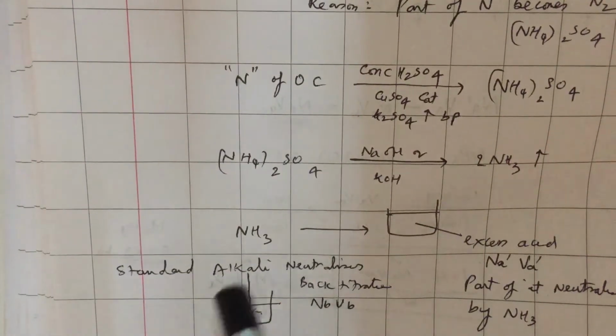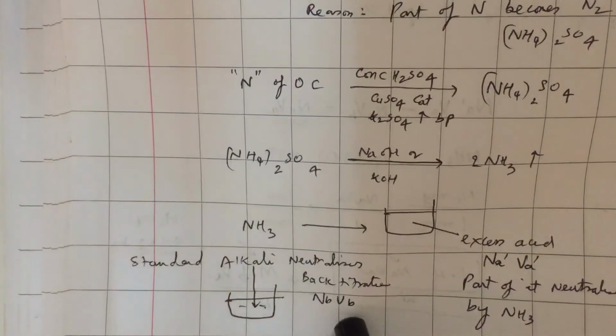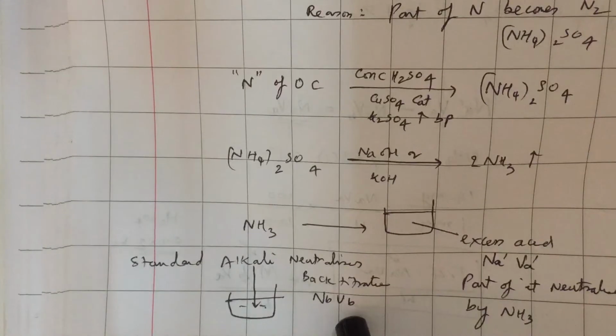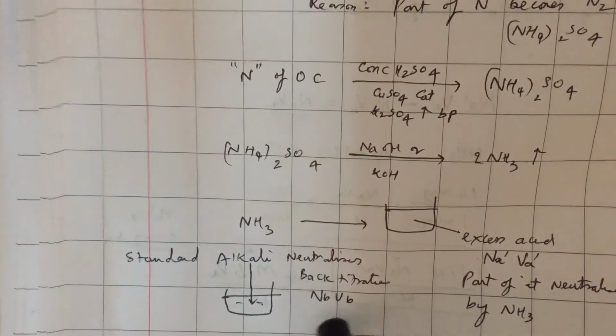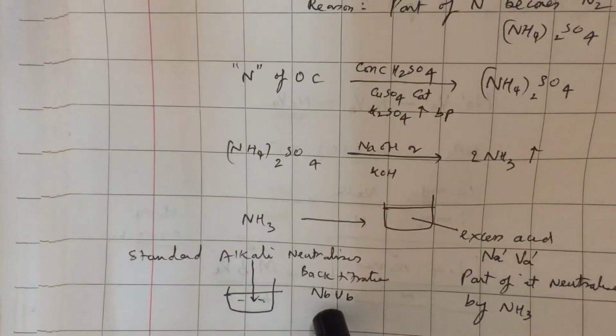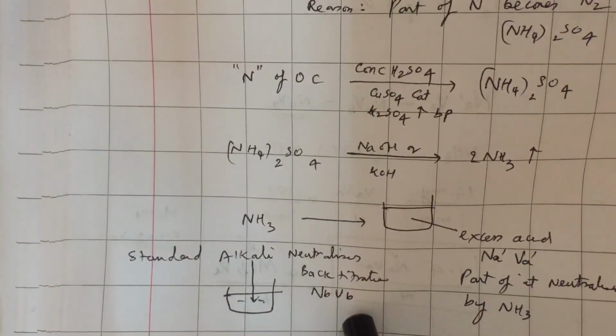This process, which we call back titration, is where you estimate the amount of acid left out because you have taken excess. The amount of acid left out is equivalent to N_B V_B, that is the normality of the standard base used in the titration and the volume of the base you used.